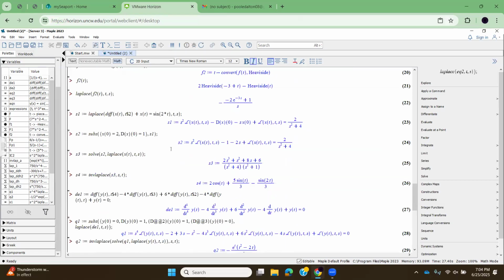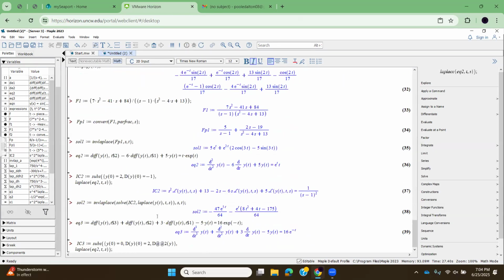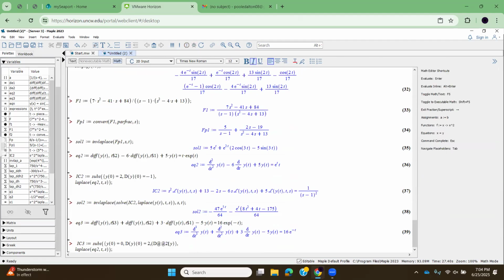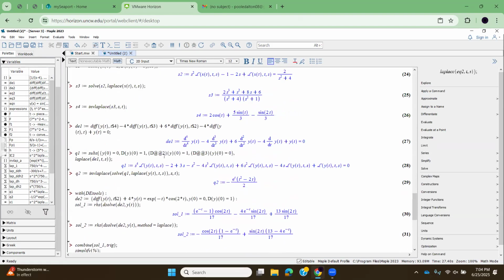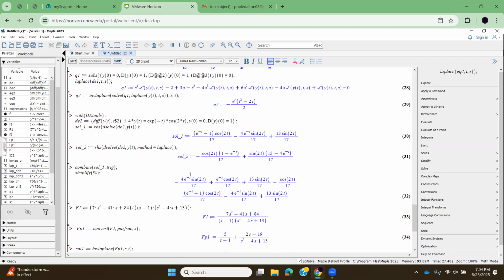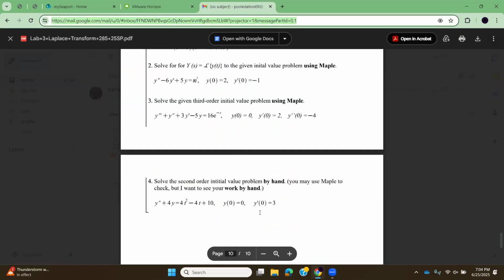Does that look how it looked up there? Yeah, you just need parentheses. And then of 0. And that's going to be -4.